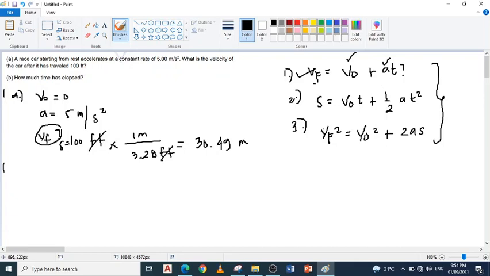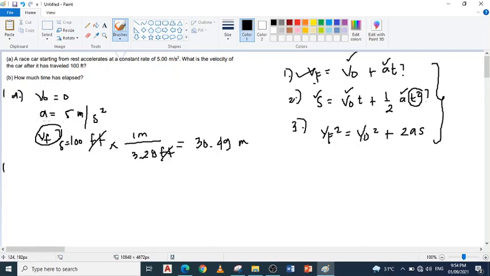Okay? And then for the second one, given distance traveled. So, check natin yan. Vo, check. Acceleration, check. Okay? So we can solve for time here, since given naman ito. So, yung letter B yung pwede nating unahin.